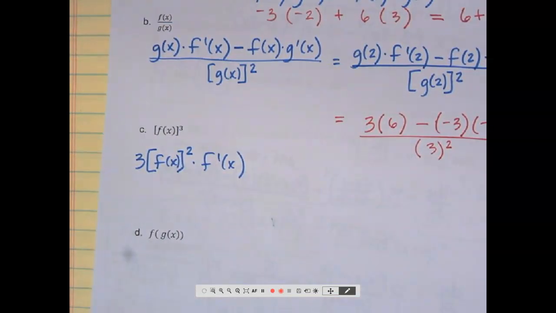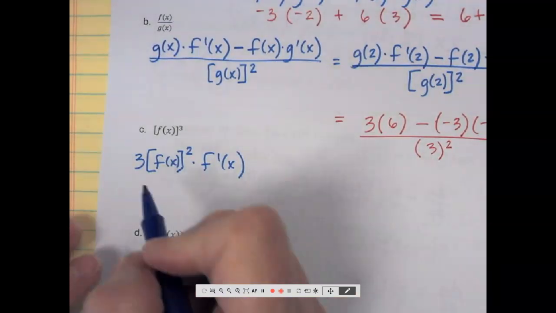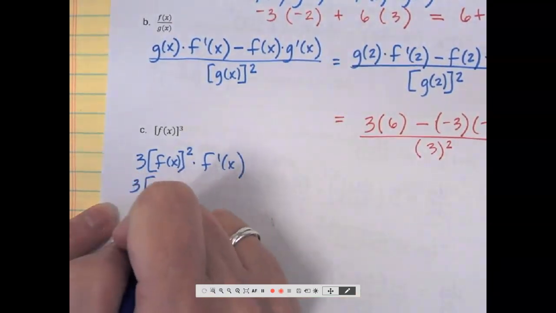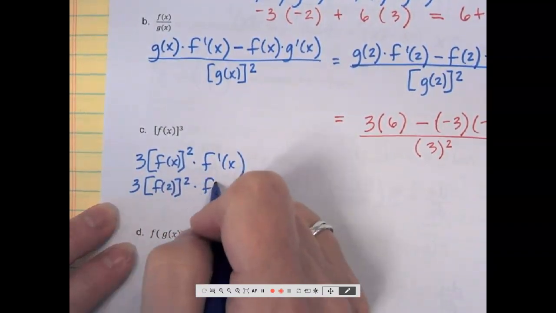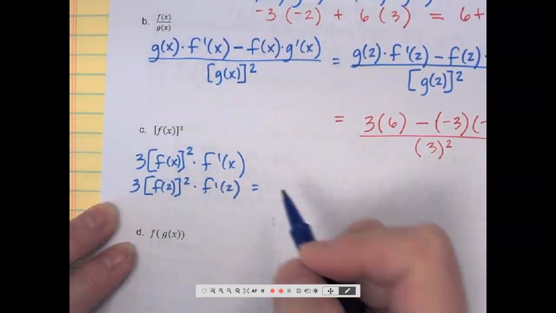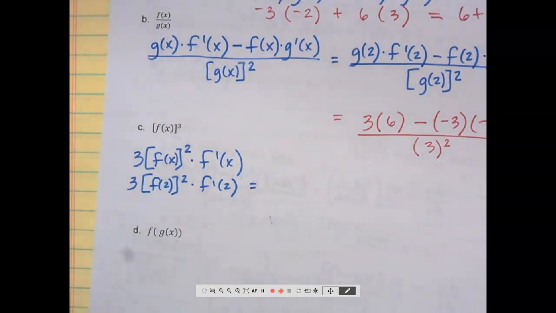Bring the 3 down. F of x doesn't change. It's now raised to the 2. Then we multiply by f prime. Yep. Okay, so like you said, let's put our 2's in there. And then we'll get our numbers.